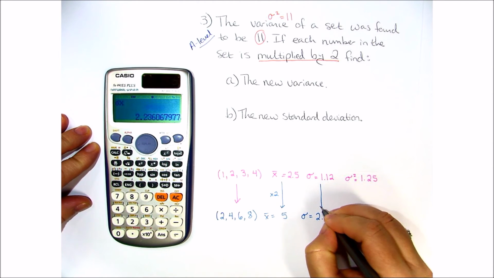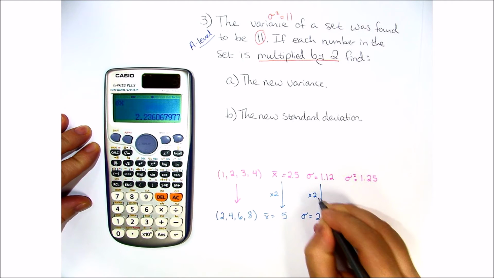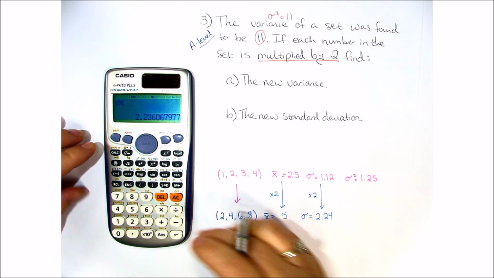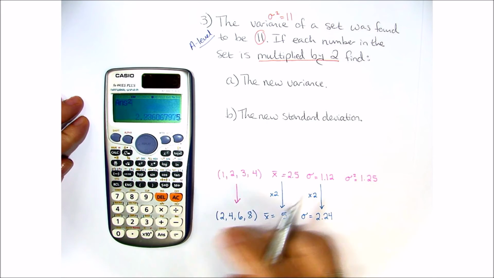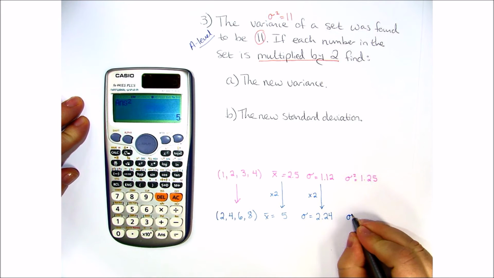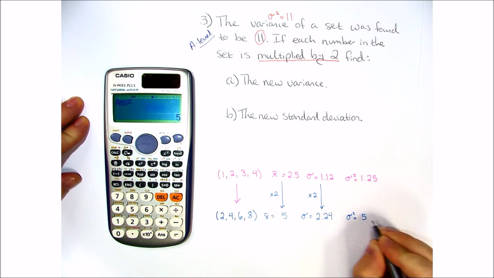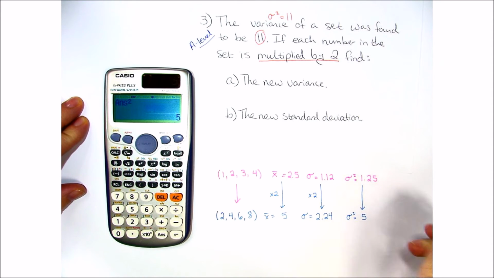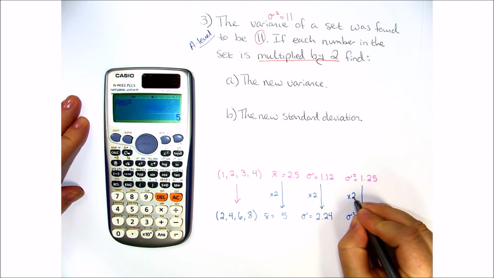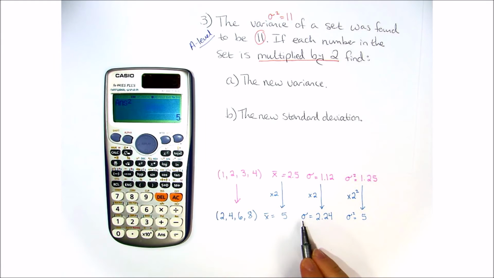So that also multiplied by 2. Okay, well let's go ahead and square this to get our variance, and we get the variance is actually 5. In other words, it multiplied by 2 squared, because the variance is the square of the standard deviation.